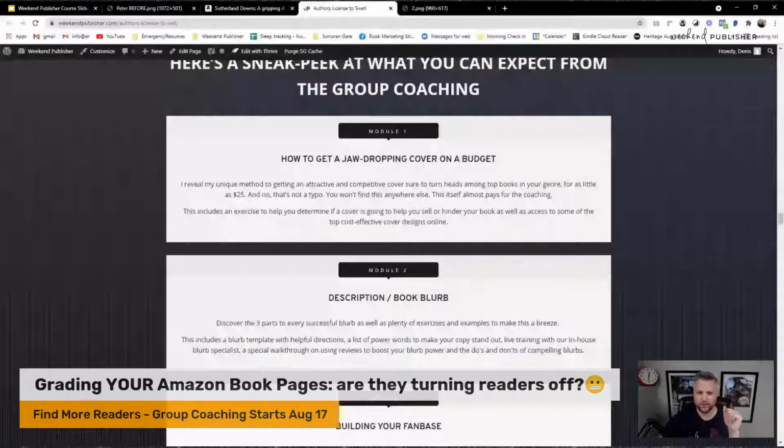So we need to work on the page itself. In week 1, we go through that exercise I alluded to: how to find the top selling books in your genre, how to identify those books, how to put together the document that we eventually send to the cover designer, and which cover designers to use.